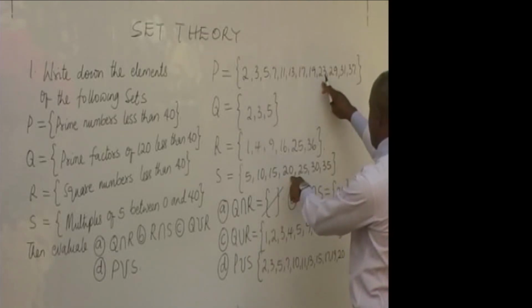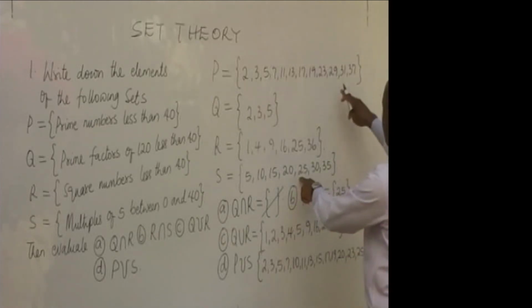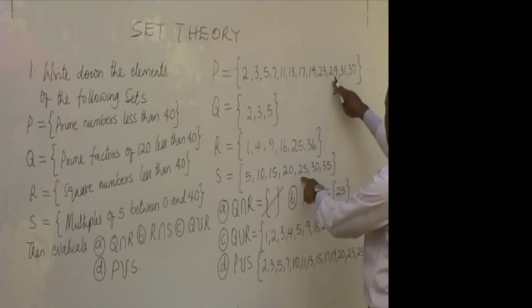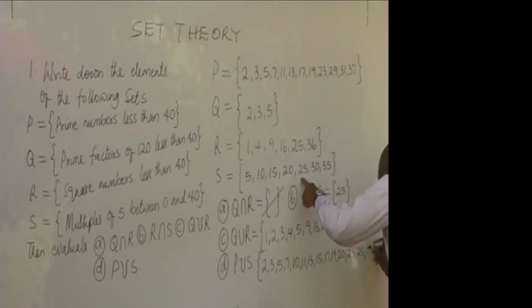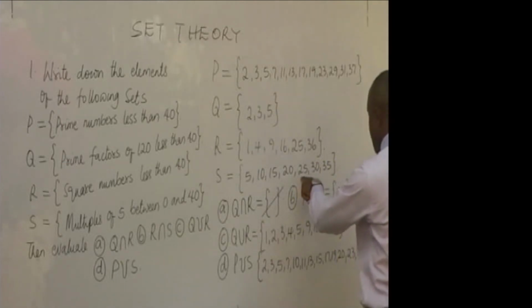We have 23, 25. We have 29. I have to continue here because of space.